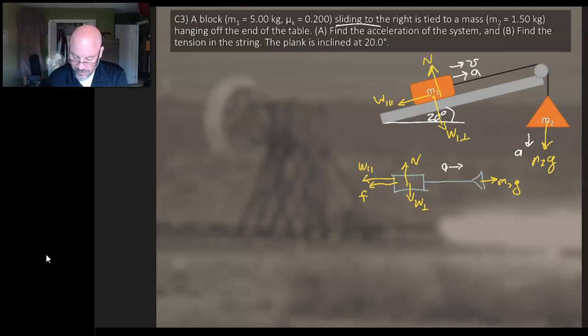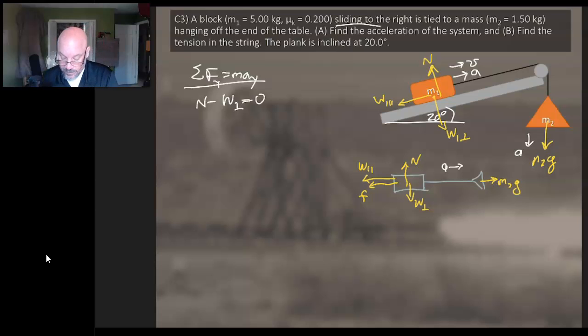Let's start off by looking at what's happening with the y components of force, ΣFy = may. So I'm going to have my normal force up and my perpendicular component of weight down. And there's no acceleration in that direction, so we put equals 0.